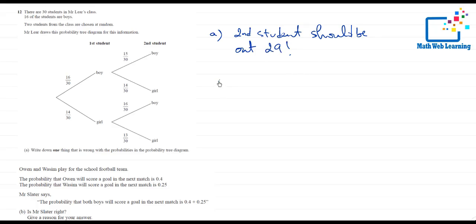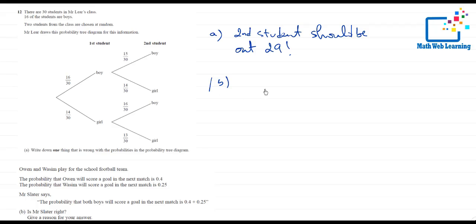Done. Part B, we have some probabilities here. Probability that Owen scores in the next match is 0.4. Probability that Wasim scores in the next match is 0.25. Mr. Slater says that the probability that both will score a goal in the next match is the sum of the two probabilities.